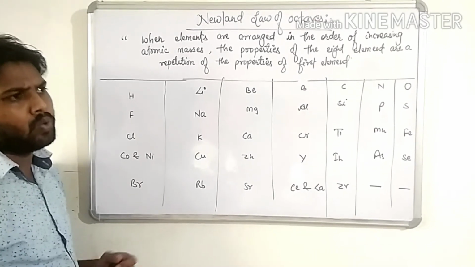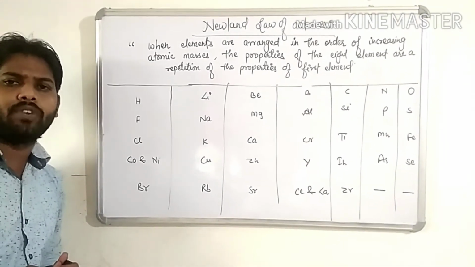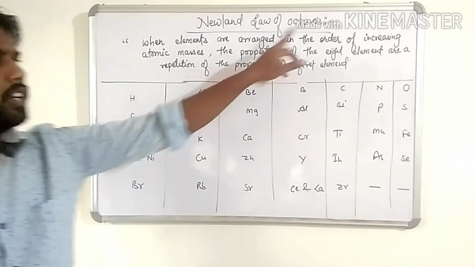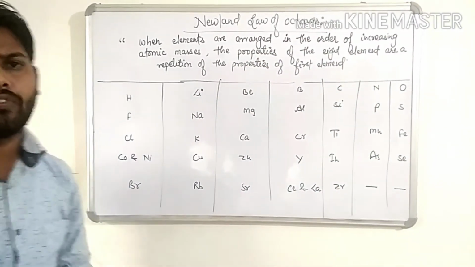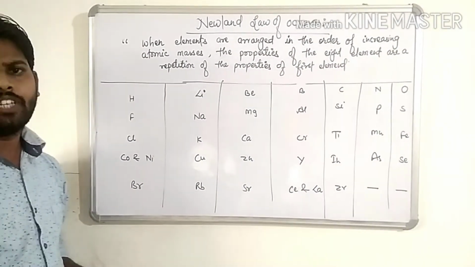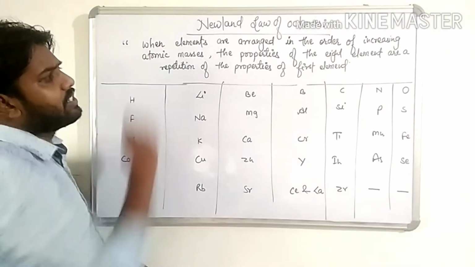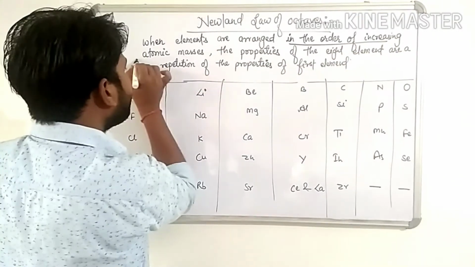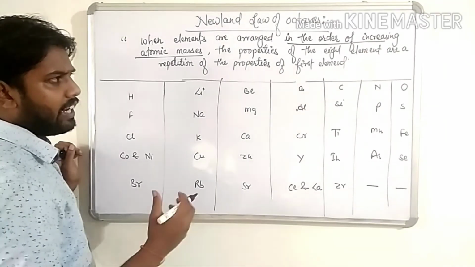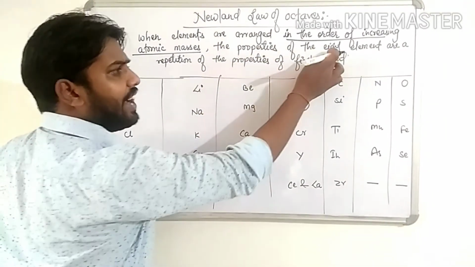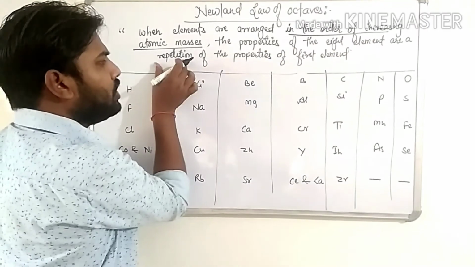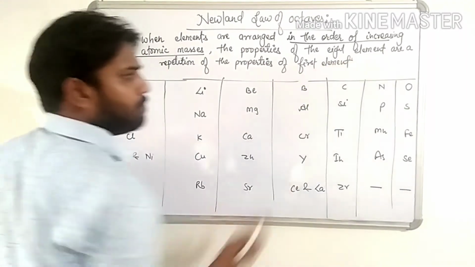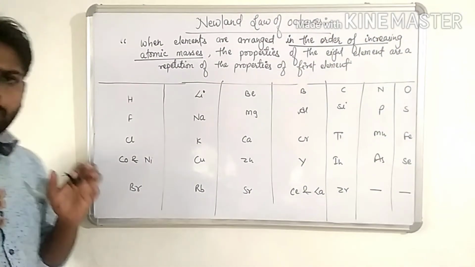So on the basis of his observation, he gave the law of octaves for the classification of elements. He stated that when elements are arranged in the order of increasing atomic masses, the properties of the eighth element are a repetition, similar to that of the first element. The eighth property and first property will match together.